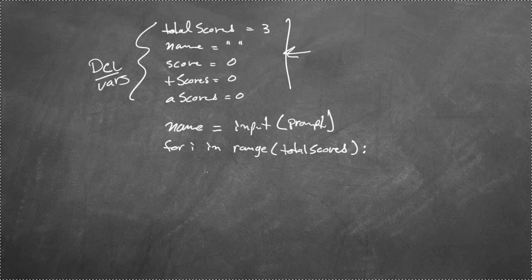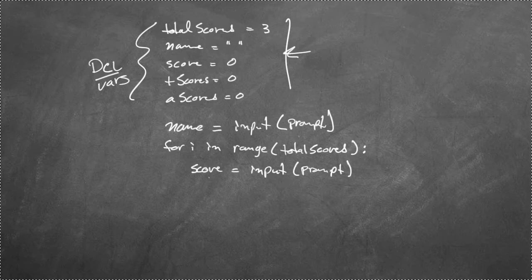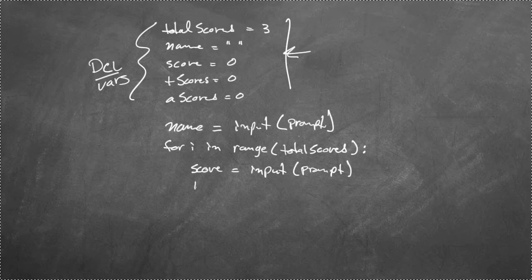Now what I'm going to do is I'm going to say score is going to be equal to input, and again I'm going to prompt for the score, and then once I get the score and I prompt for it and all that good stuff, I will add it to my total scores.